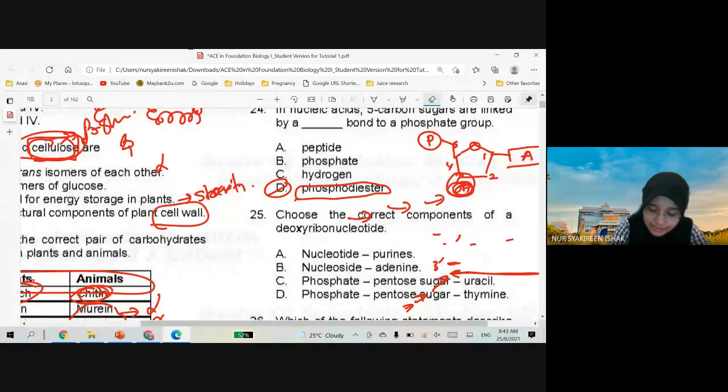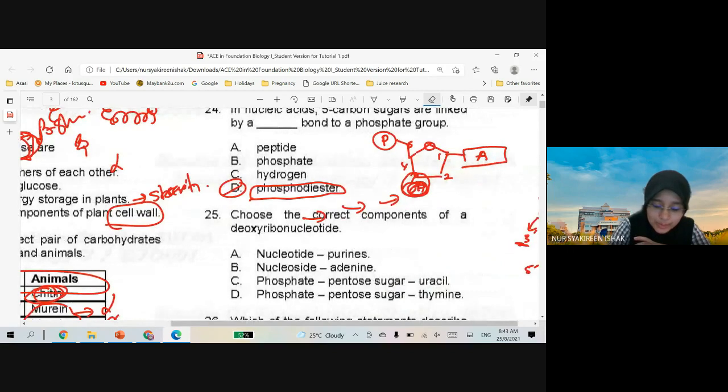So awak kena tahu kenapa strand DNA ni ataupun RNA we label them as 5 to 3 prime. Because every time when you want to add new nucleotide to the strand, they are always added at the 3 prime end. So for example, this is the next nucleotide to be added.